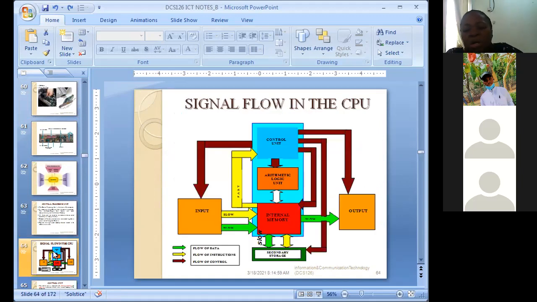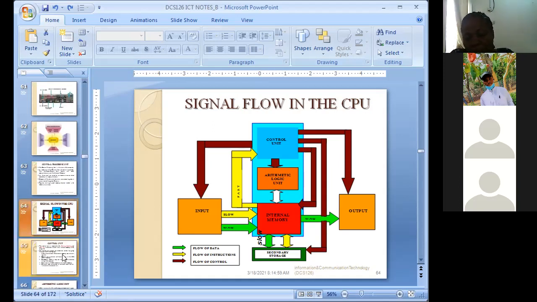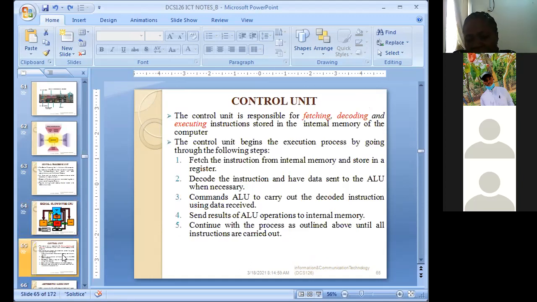Now, the memory unit holds data coming directly from the input device. But when the data has been fetched by the control unit, it is handed over to the arithmetic logic unit and held in the register. The register is a small storage area used to store data inside the ALU. Now, the essence is for speed, to enhance the speed of the processing.